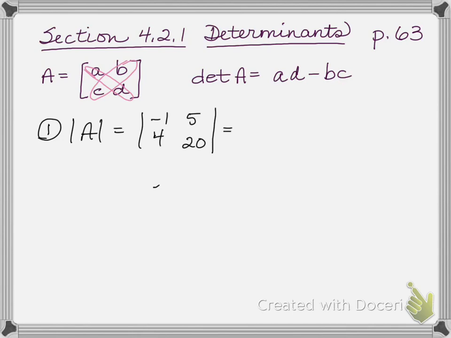All you would do is cross multiply. So -1 times 20 is -20. I put the minus, and then I do 5 times 4, which is 20. So I'm going to get a -40.